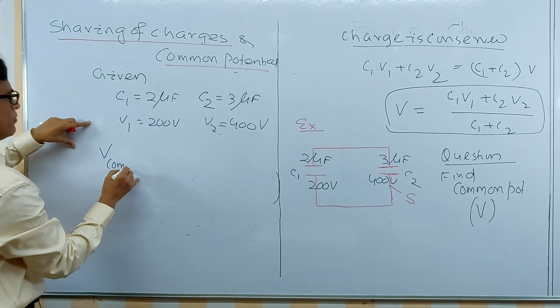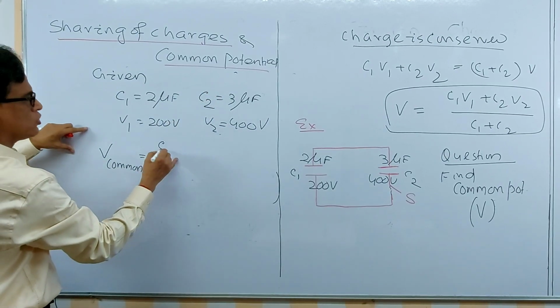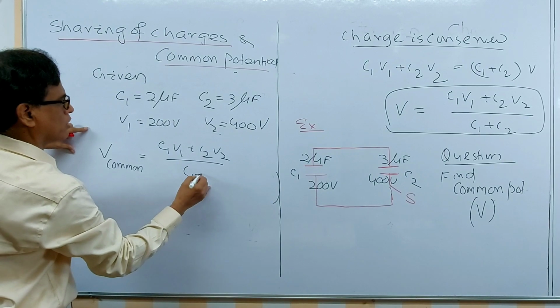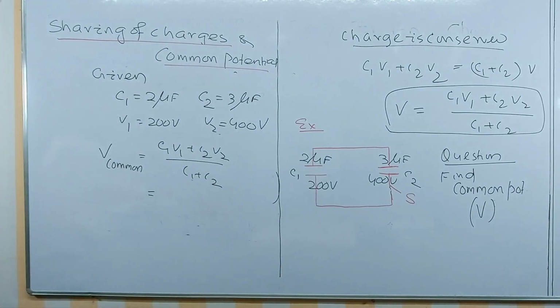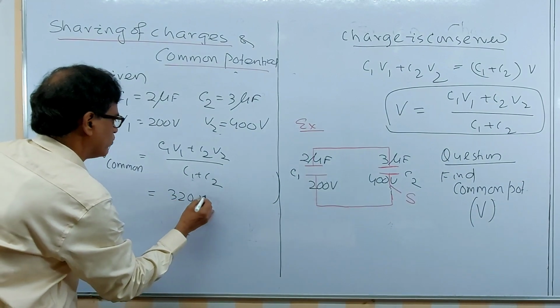You can write the common potential, from which anything can be calculated later on: C1 V1 plus C2 V2 divided by C1 plus C2. If you substitute all the values, you will get the answer.